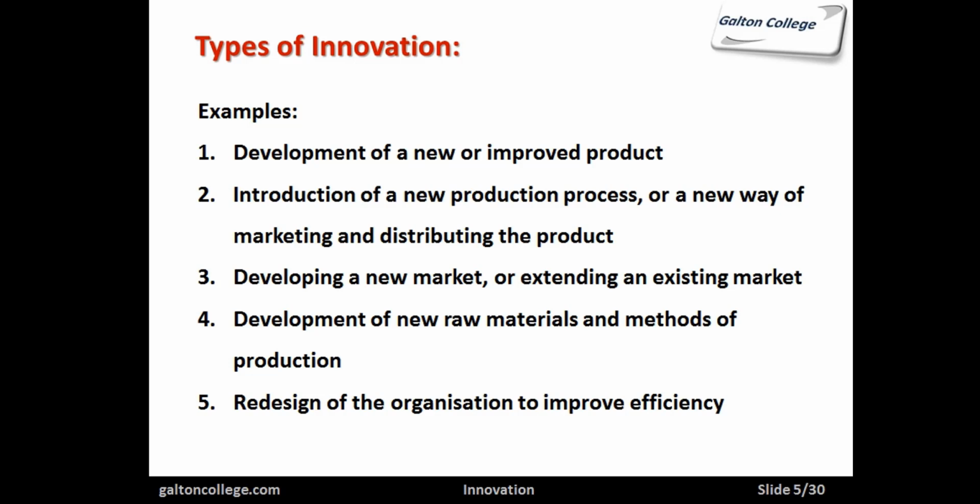It could be development of a new raw material and methods of production. Well, a new raw material. These come from the scientific community and from research and development, but the best examples here I suppose I could think of would be in terms of aircraft production, where now aircraft seem to be more and more made from materials which are very strong and yet very light, to save on fuel and to enable the plane to carry more passengers and more payload.